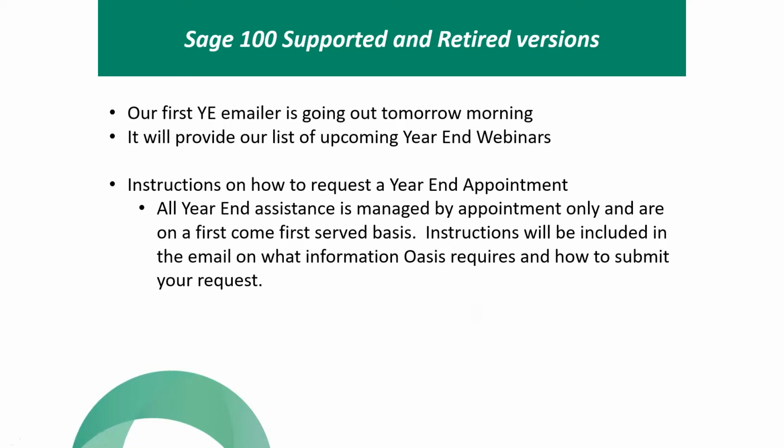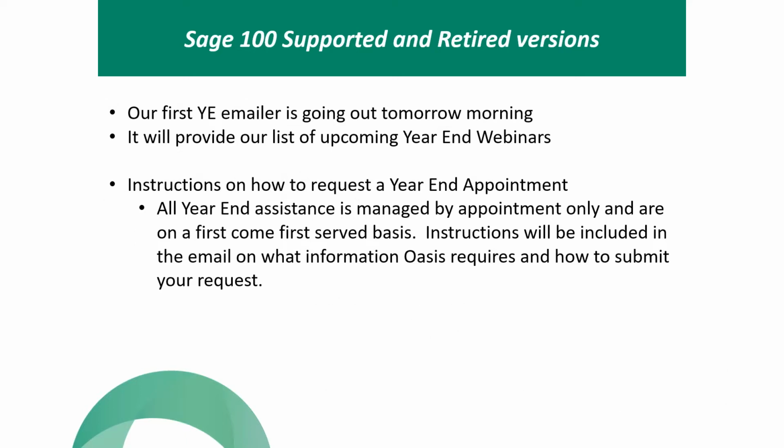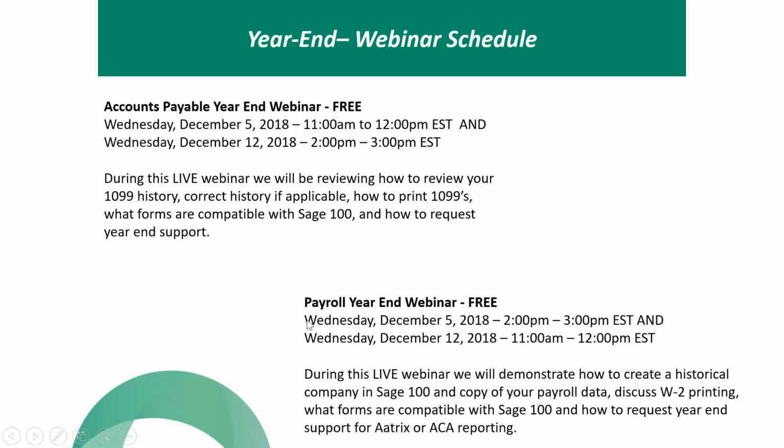So one of the things I wanted to mention for everyone is that tomorrow morning any of our end users should receive an email that gives a list of the upcoming webinars and how to request an appointment for year-end assistance. It's the same as we do every year, but if you're new to Oasis, you will be getting that information.